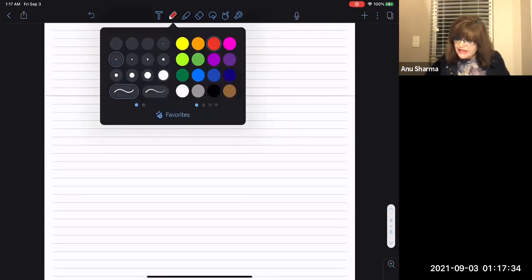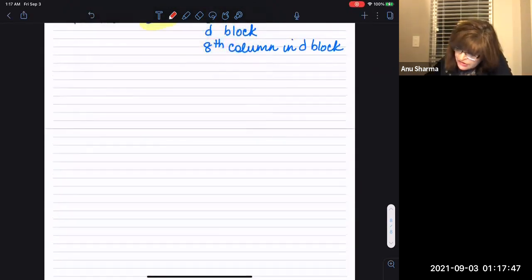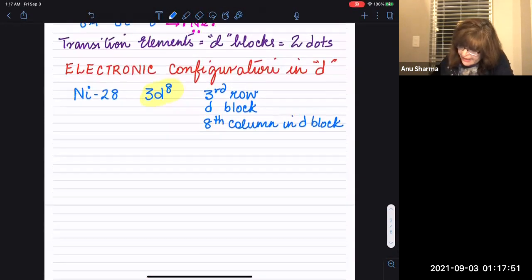So another one is using the periodic table, which is first fill up all the S block, then go to the P block, then come back to the S block, then keep going and you just follow those blocks. Okay, so let's do this one for nickel 28.